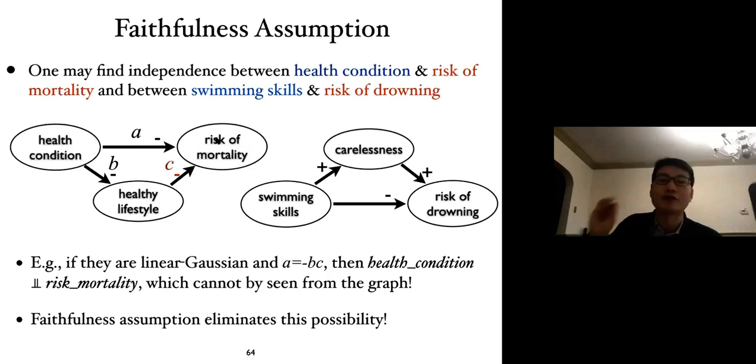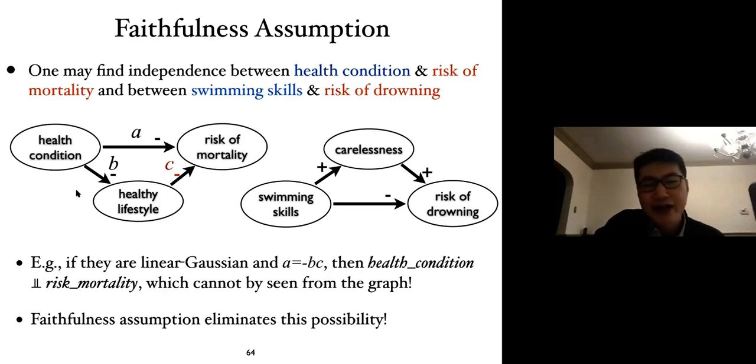They are different causal modules. And those causal modules are independent, meaning that the parameters were chosen by nature independently. There is no way for them to be related. They are not coupled. So if they are independent, then the chance for you to have the condition that A equals minus BC basically has measure 0. This is the justification for faithfulness based on modularity.